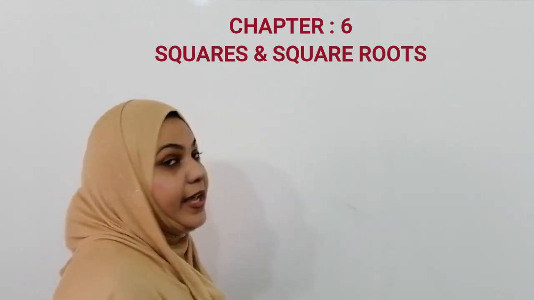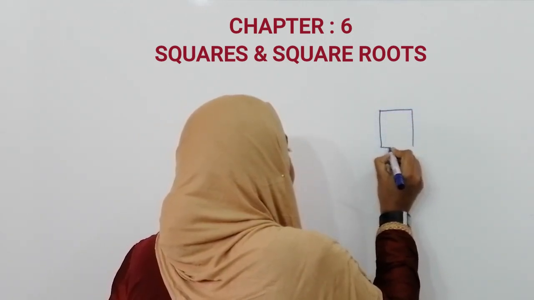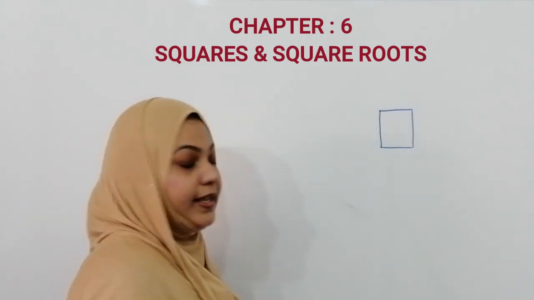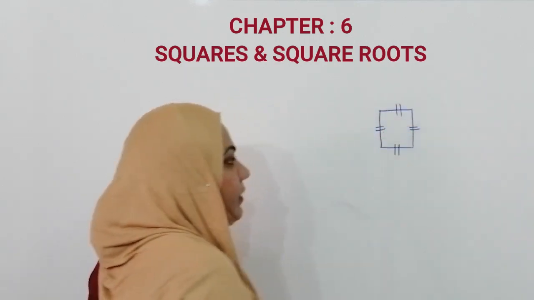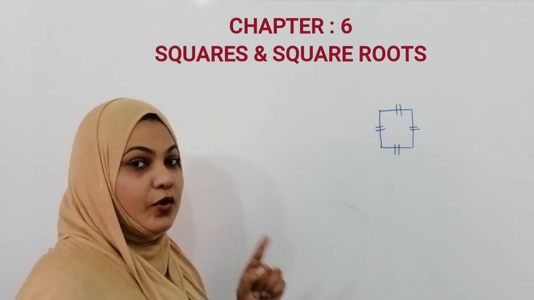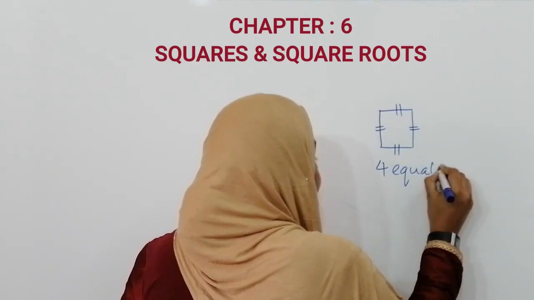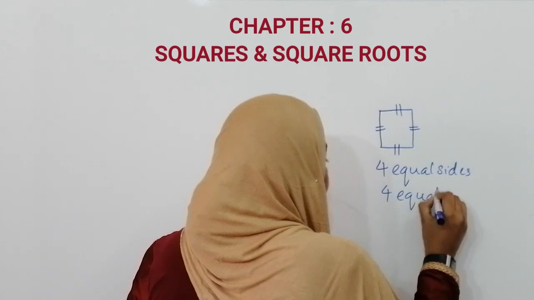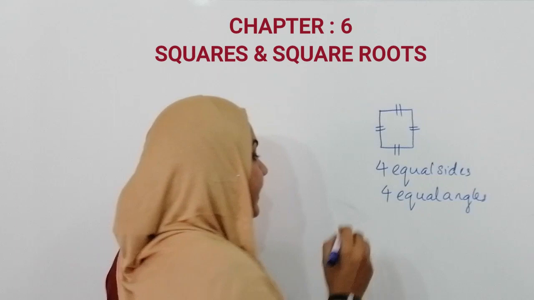You know that square is a two-dimensional figure. So I am drawing a square. This is a square. You know that it has 4 equal sides, 4 equal angles, and each angle is 90 degrees.